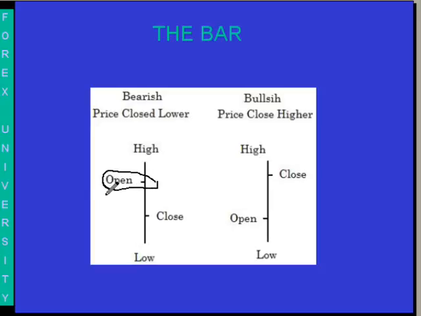The open will always come into the bar from this direction, signifying that it's the opening. Here's the little notch. And then we will next measure the high. The high is the point at which the top of the bar reaches here. There are no notches there. It's just that point is the high. Then the point at the bottom is the low of that bar.